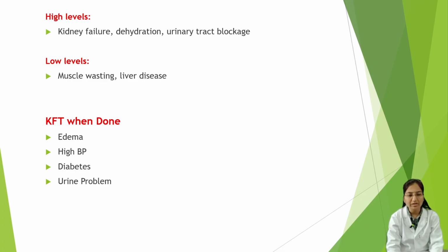If the level is increased, high levels are seen in kidney failure, dehydration, and urinary tract blockage. If it is decreased, low levels are seen in muscle wasting and liver disease. The kidney function test is done in the case of edema, high blood pressure, diabetes, and urinary problems.